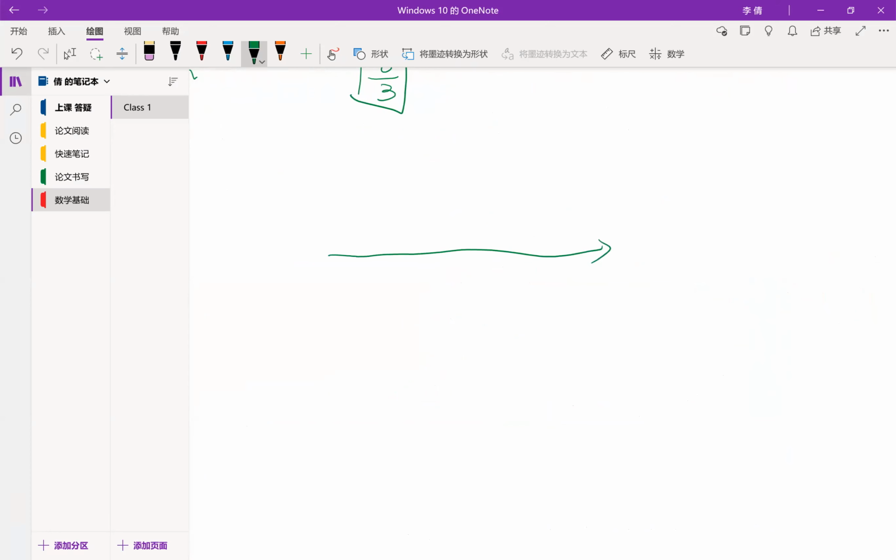And this is the X axis, and this is the Y axis. If there is a point 1, 0, and a point 0, 1, and there is a line like this.